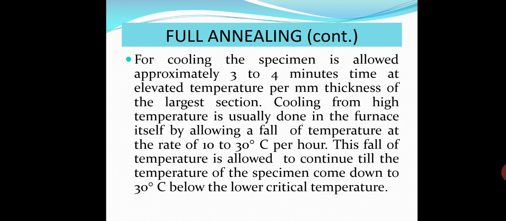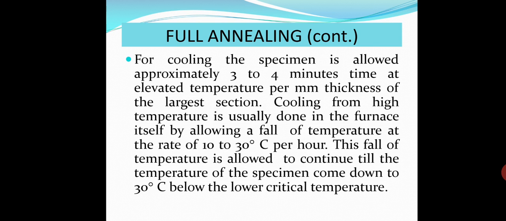That means you have to find out the largest section and its thickness, and depending on how many millimeters its thickness is, it will be kept in the furnace itself 3 to 4 minutes per millimeter.